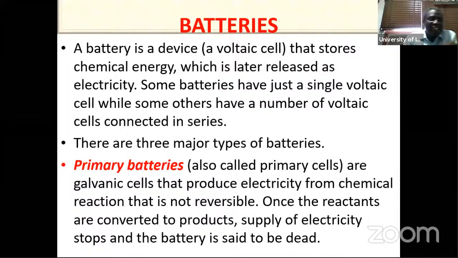Once their reactants are converted, the supply of electricity stops and the battery is dead. Your elephant battery, I'm not sure how many of you know what elephant battery is. Or tiger battery, I'm sure probably you may know tiger because that one still exists now. This tiger battery that is bigger than the alkaline batteries. So that's an example of a primary cell.